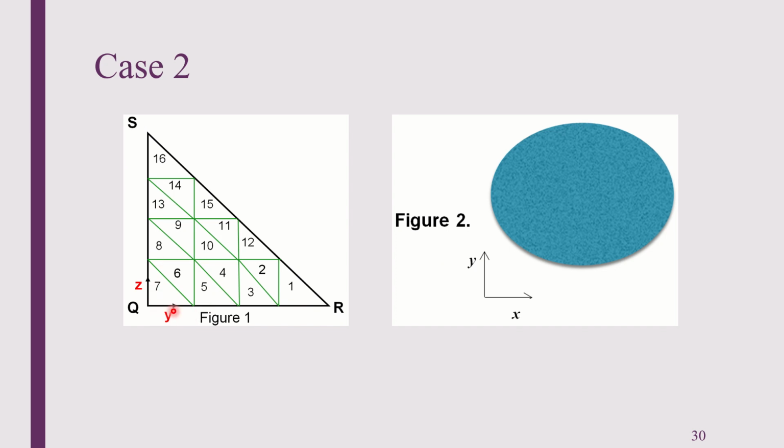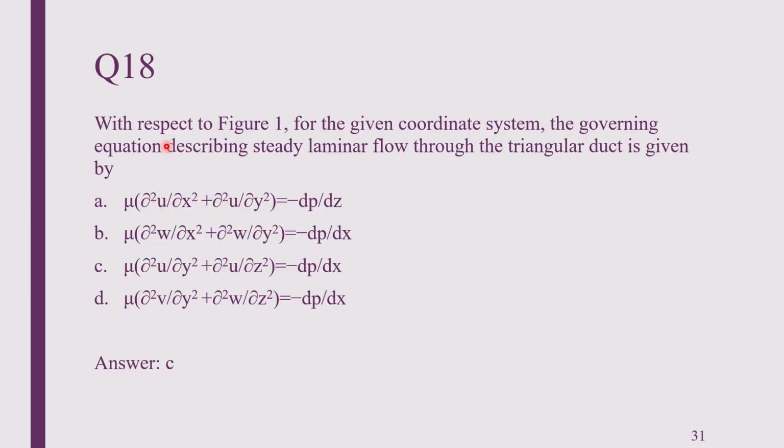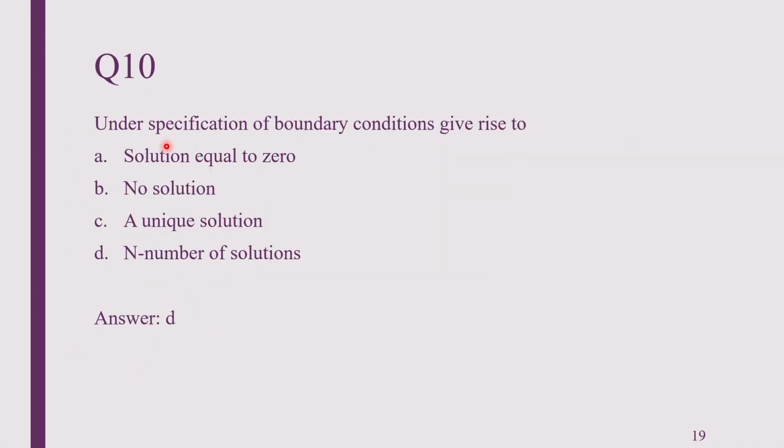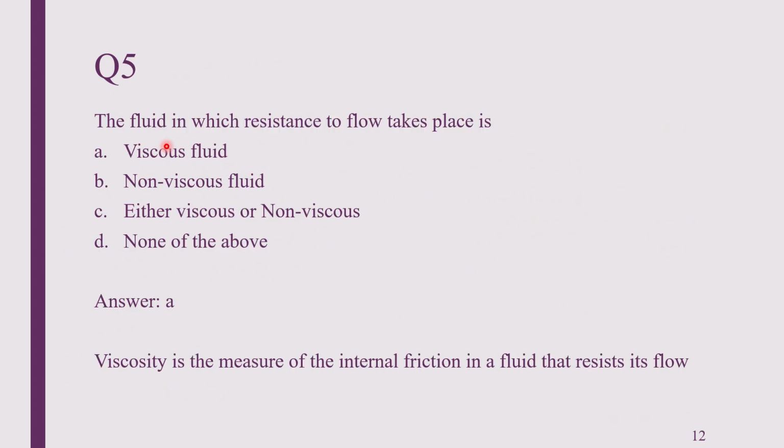So the u component of velocity remains, and we need to look back at the equation.